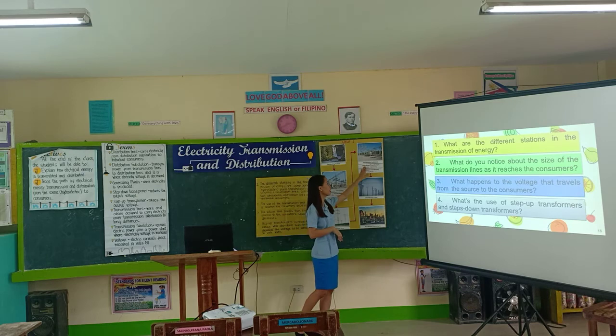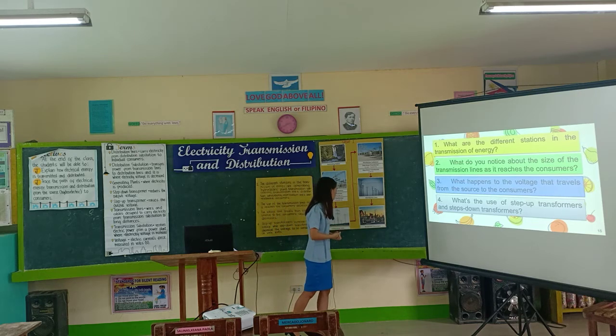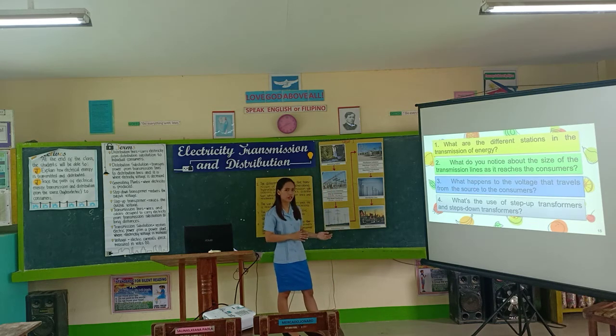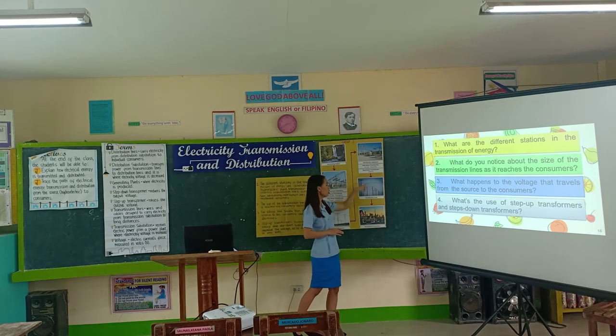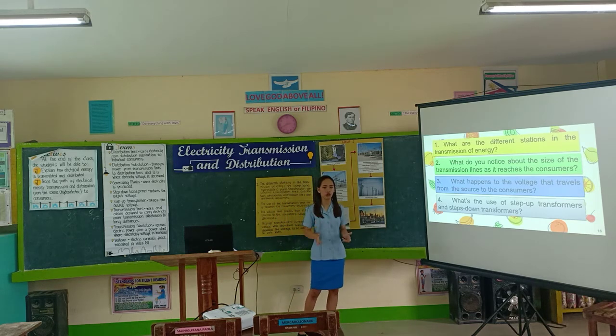So, what's the distribution substation? A distribution substation is a substation that transfers the electric power coming from the transmission lines to the distribution lines. Under this substation, we can see two step-down transformers.